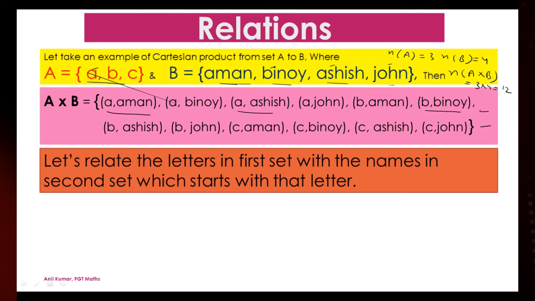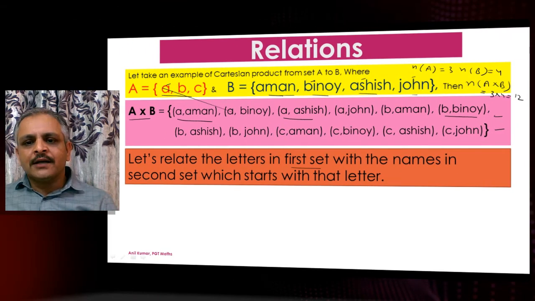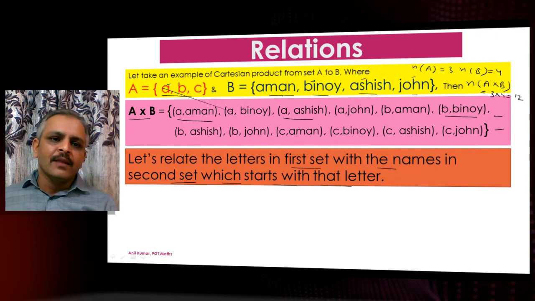So only these three pairs in this Cartesian product are associated with that property. The remaining do not satisfy this condition, so they are not in that relation.